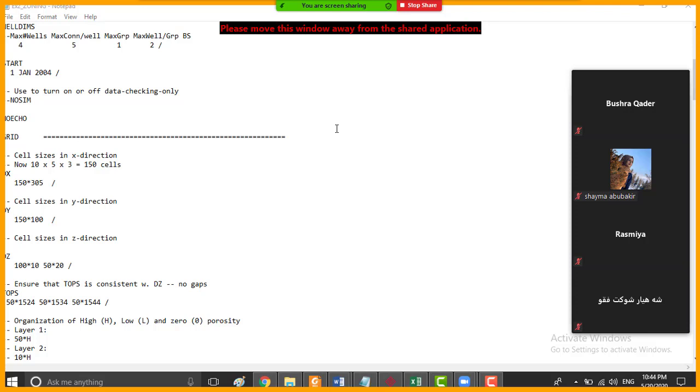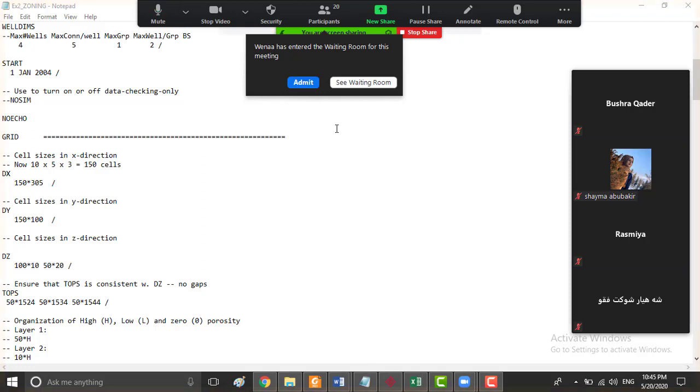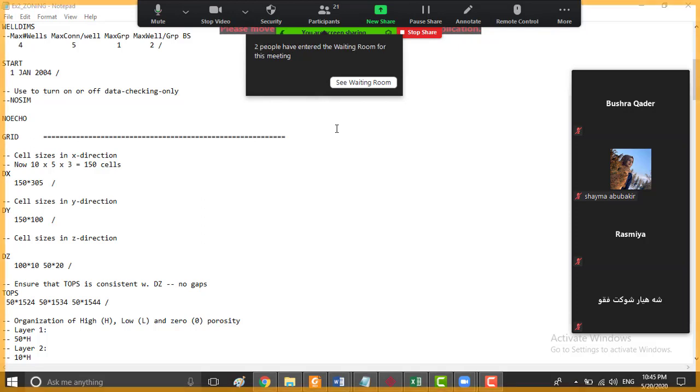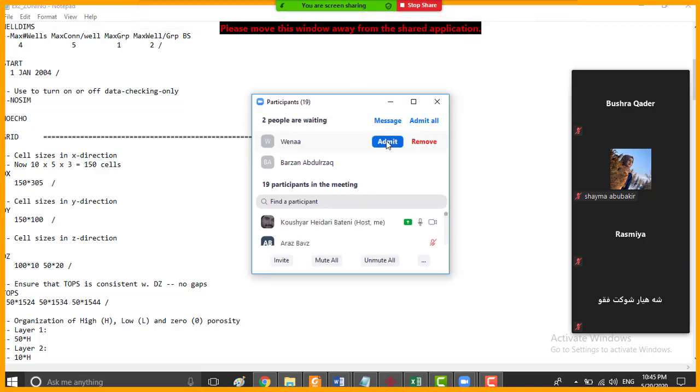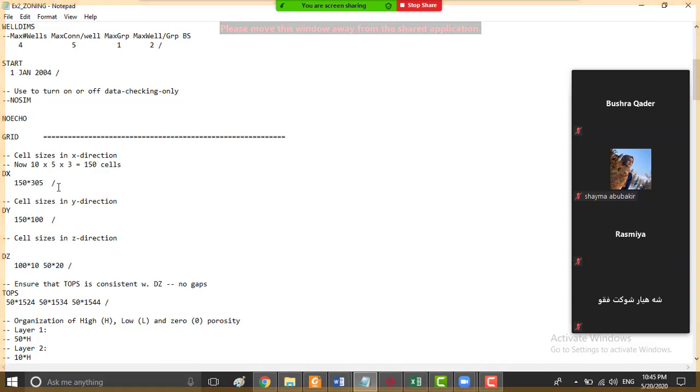In the original data file that we had, the length of each cell was 1000 feet in the y direction, 1000 feet in the x direction, and around, I don't remember how thick it was in the z direction, but doesn't matter. Now, in the y direction, the length of each matrix block was 305 meters. Now, the exercise tells us to change it to 100 meters.